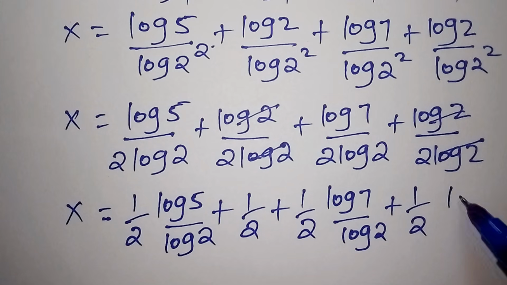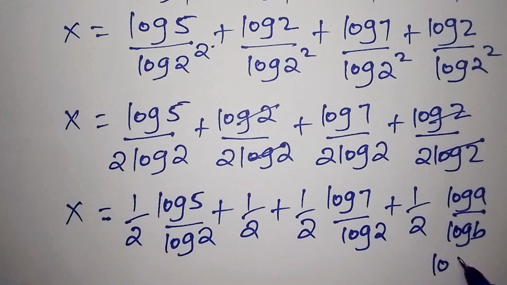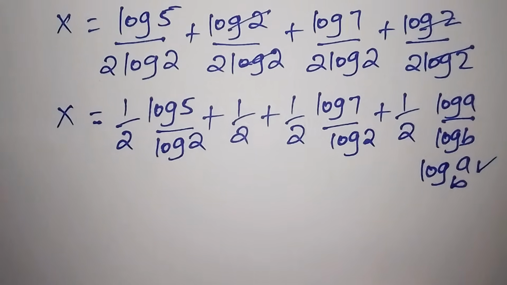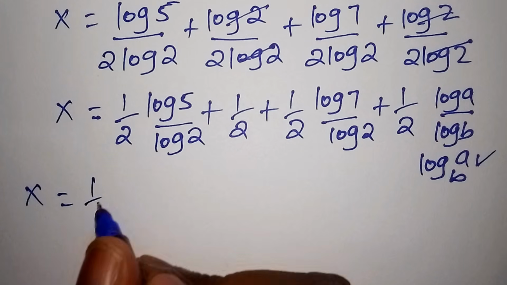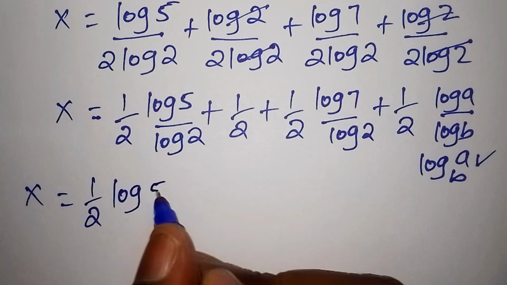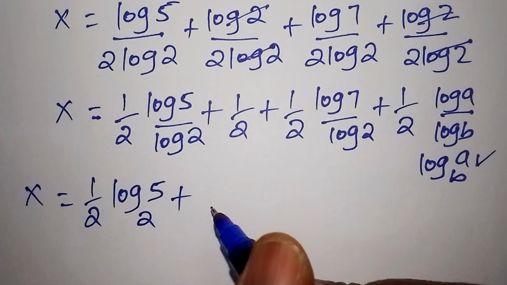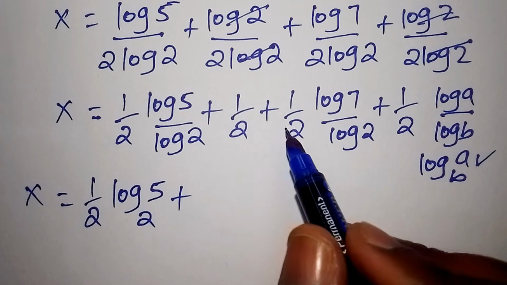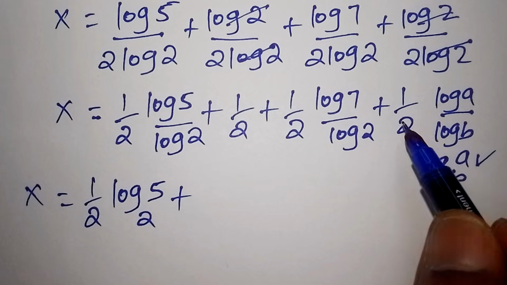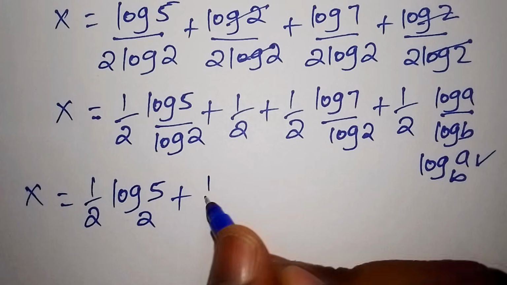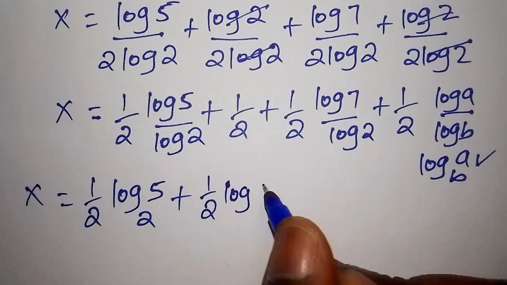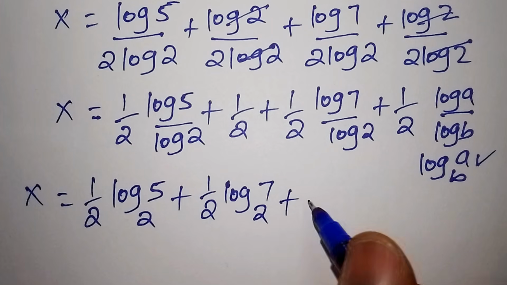Assuming that we have the log of A all over the log of B, this one can be written as the log of A to the base of B. So we agree that the value for x is equal to 1 over 2 the log of 5 to the base of 2, plus a half plus a half, which is equal to 1, plus a half the log of 7 to the base of 2, plus 1.